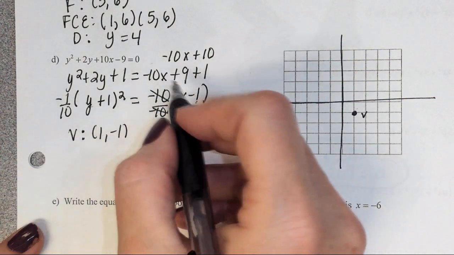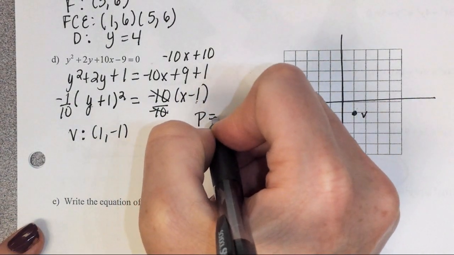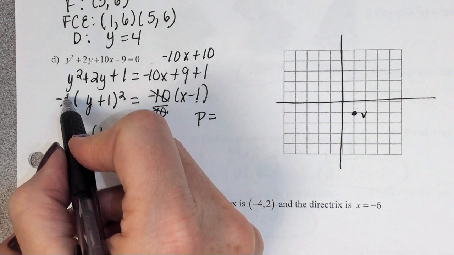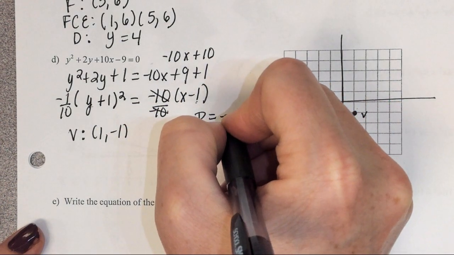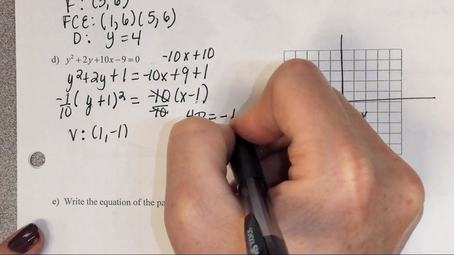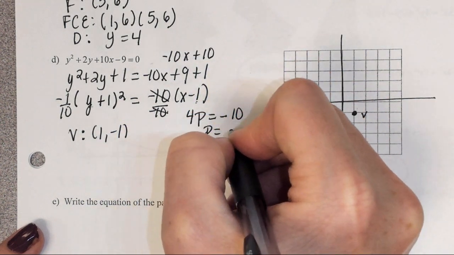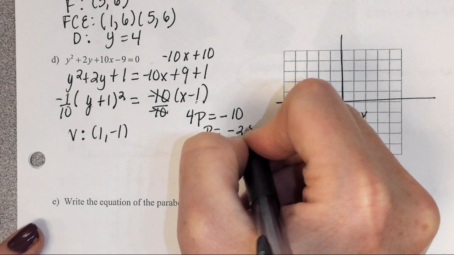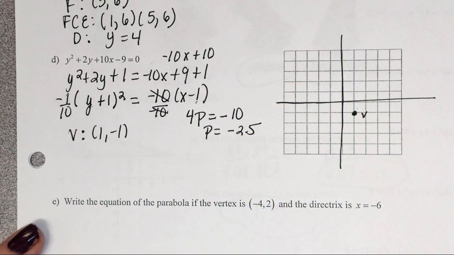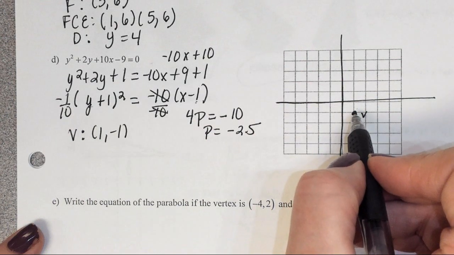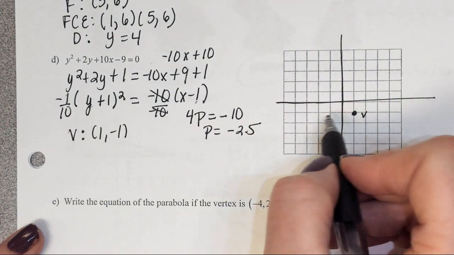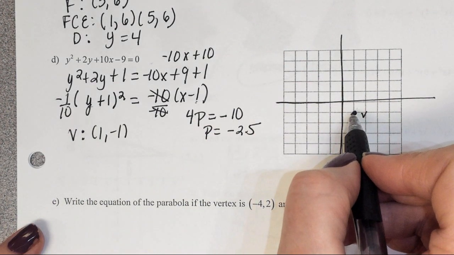Okay, so to find our p value, 4p is negative 10, so therefore p is going to be negative 2.5. 10 fourths is 2.5. So which direction am I going to go 2.5? Up, down, left, or right? Down. Nope, left.